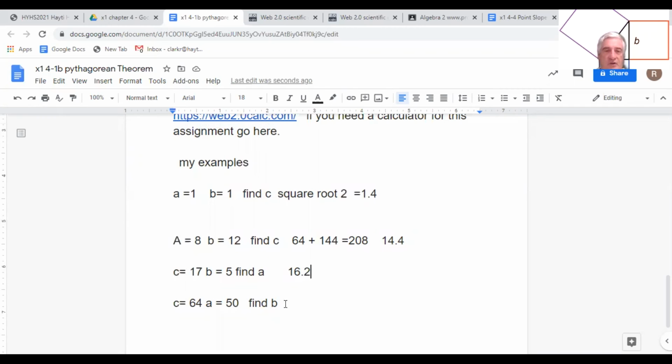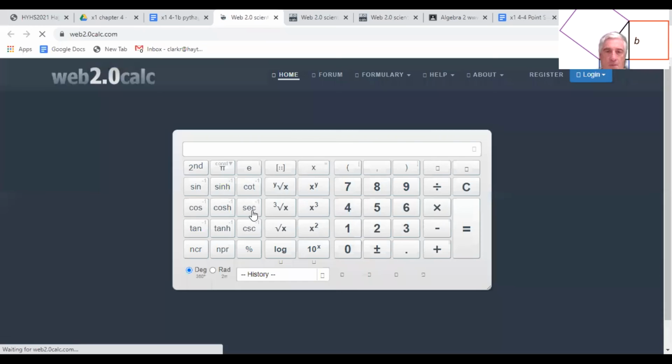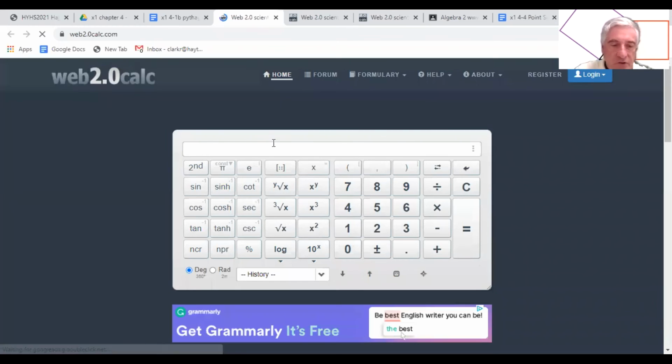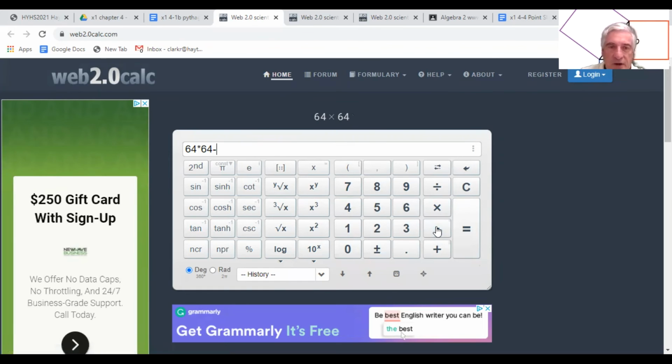And our numbers are 64 and 50. So that would be 64 times 64, subtract 50 times 50. We hit the equals button, and we get 1596.